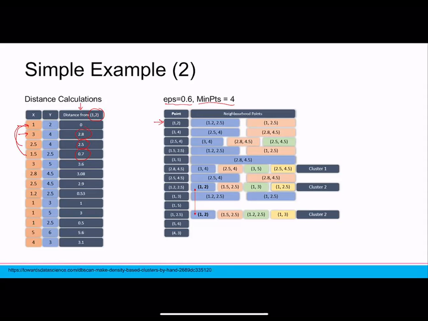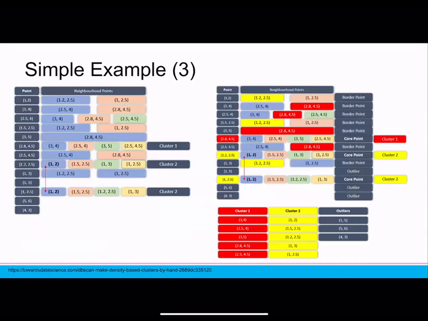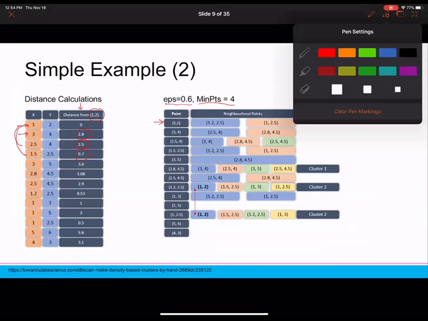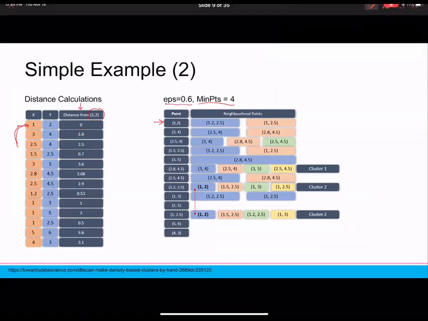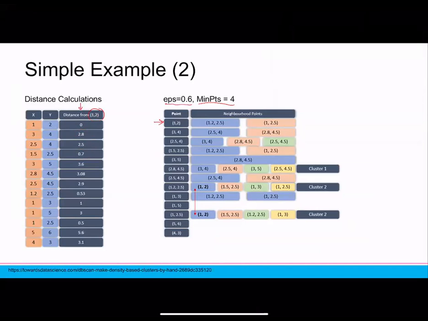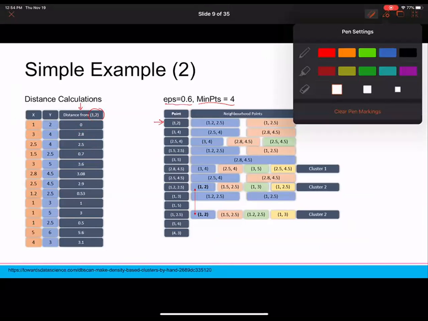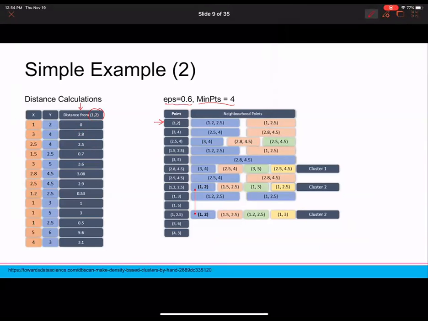Which one is in the radius EPS? Is this one less than 0.6? No. This one? No. No. No. No. Yes.